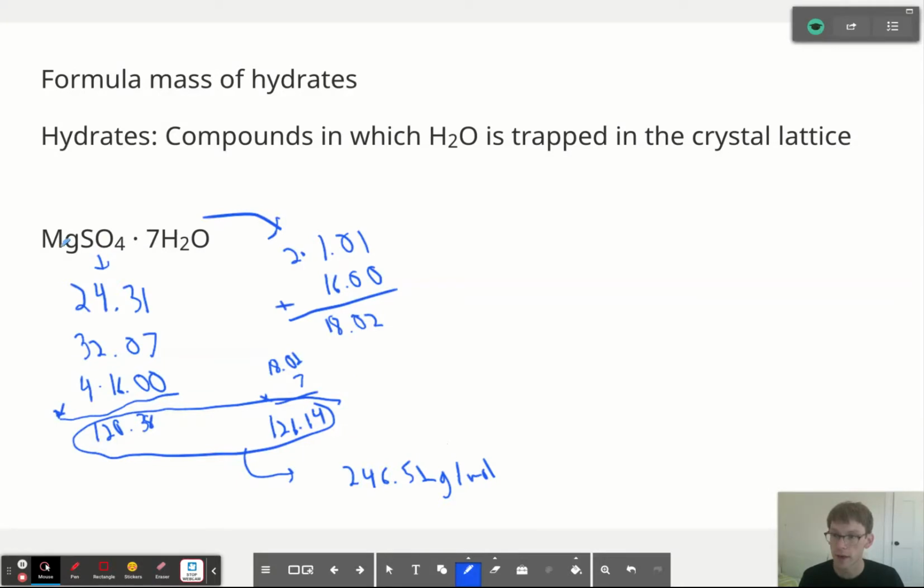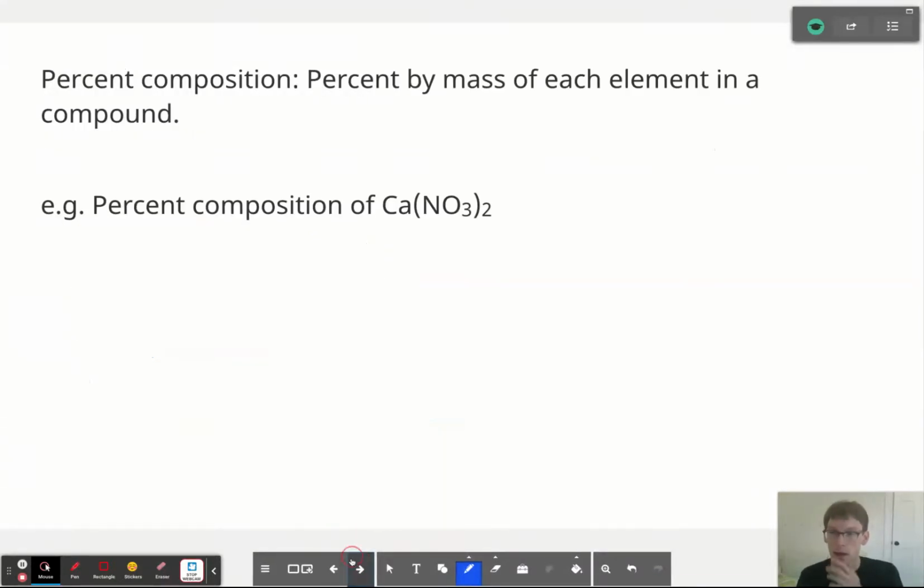So I've taken the mass of magnesium, the mass of sulfur, 4 times the mass of oxygen, and I've added in the mass of 7 waters, which is 14 hydrogens and 7 oxygens, which gets us to here. And our final formula mass, which I'm going to mark a little bit differently than the other part that I circled, is 246.52 grams per mole.